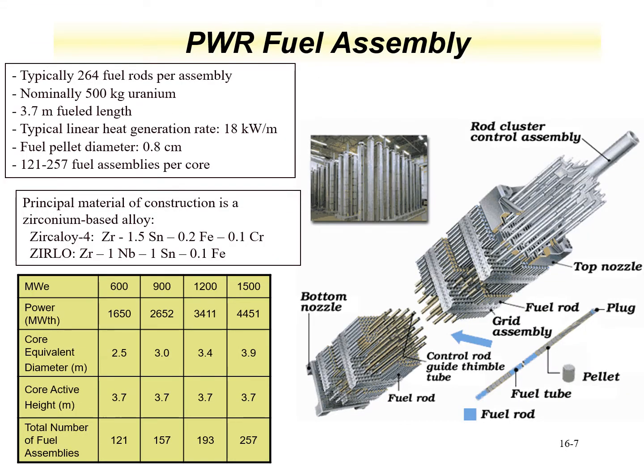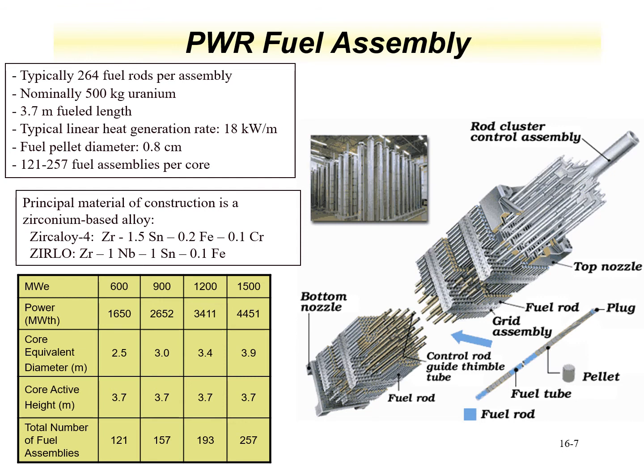Information on a pressurized water reactor fuel assembly is provided here. There's typically on the order of 250 fuel rods per assembly, around 500 kilograms of uranium. Each rod is on the order of 3.7 meters.